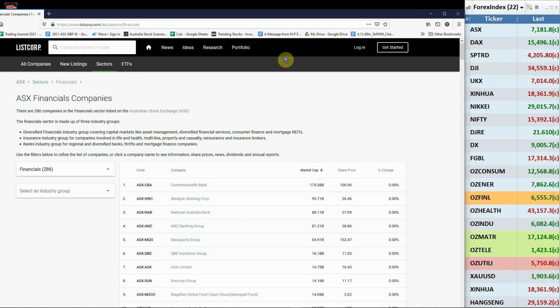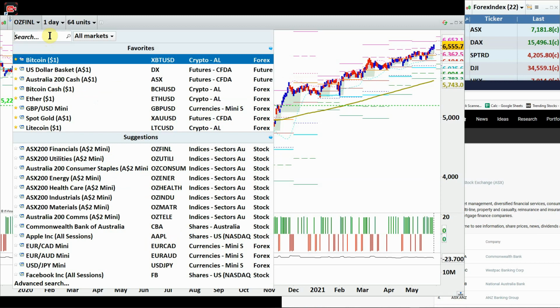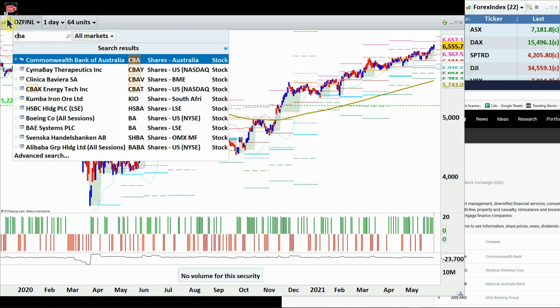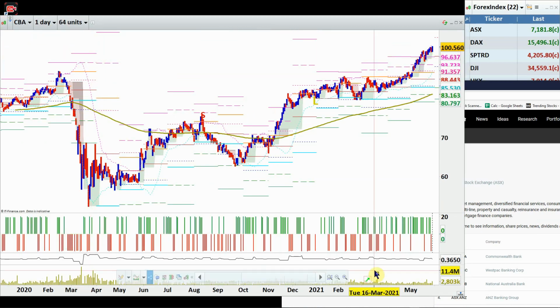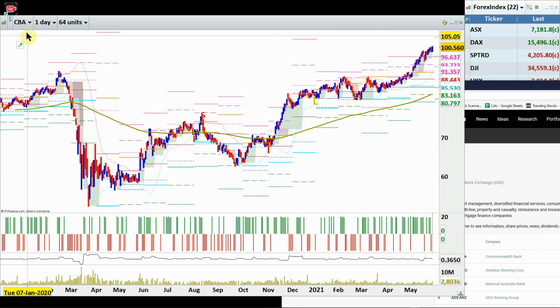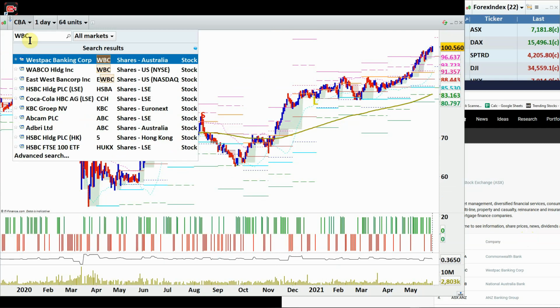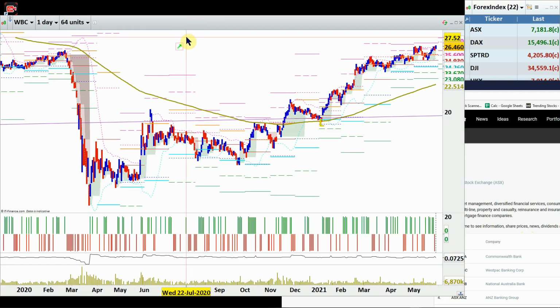So quickly, if we go to CBA, Commonwealth Bank, we got this one, fantastic. The next one is Westpac Banking, WBC. Not bad.